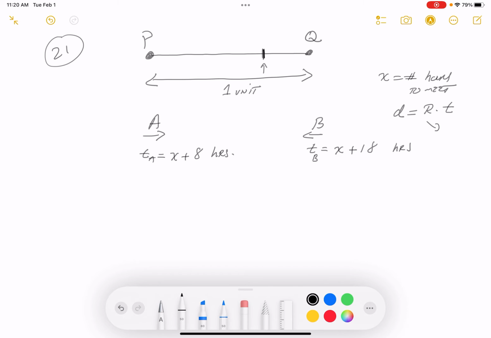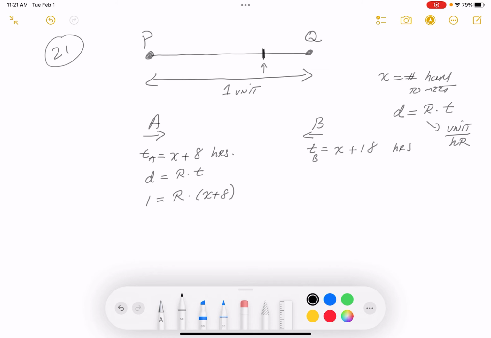So the rate is going to be how many units they can do in an hour. I just don't know what the unit is. So let's write this down. The distance equals the rate times the time. Well, I said the distance is 1. The rate, I don't know. The time is X plus 8.